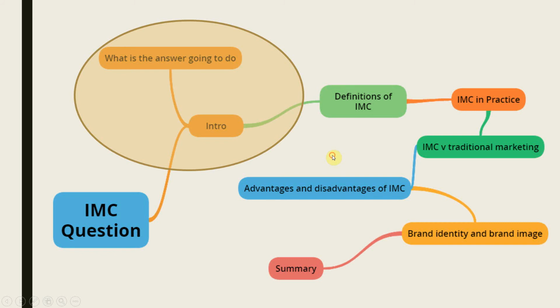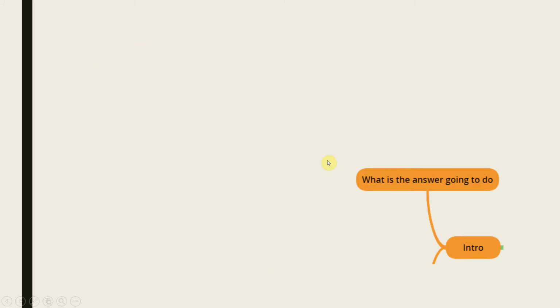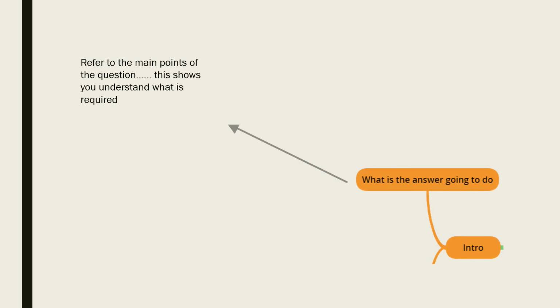Quite straightforward, this bit. We're looking at what the answer is going to do. What you need to make sure that you do is refer to the main points of the question, because this shows that you understand what's required. By saying in your intro what you're going to do, you're telling me that you understand the question.